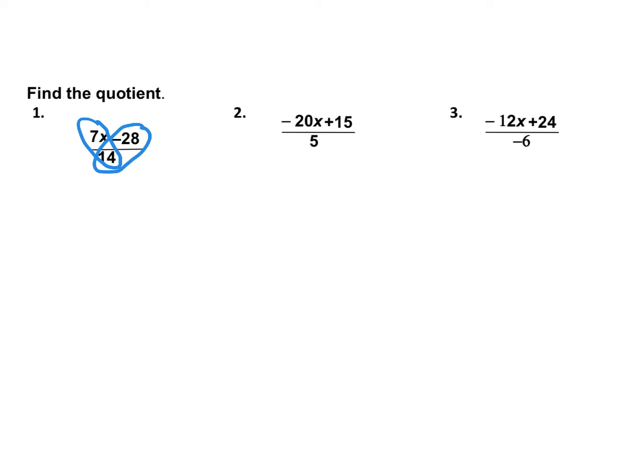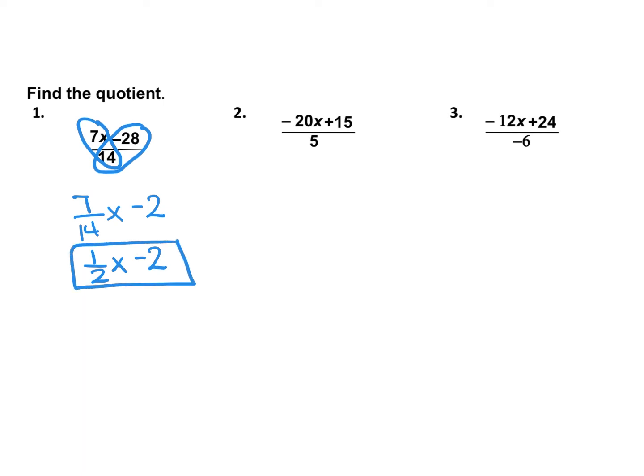So because I can't divide 7x divided by 14 evenly, I'm just going to write down 7 all over 14x, and now negative 28 divided by 14 is negative 2, so I'm going to have minus 2. Now what I will do is simplify. 7 all over 14 is 1/2. So our best answer here is 1/2 x minus 2.